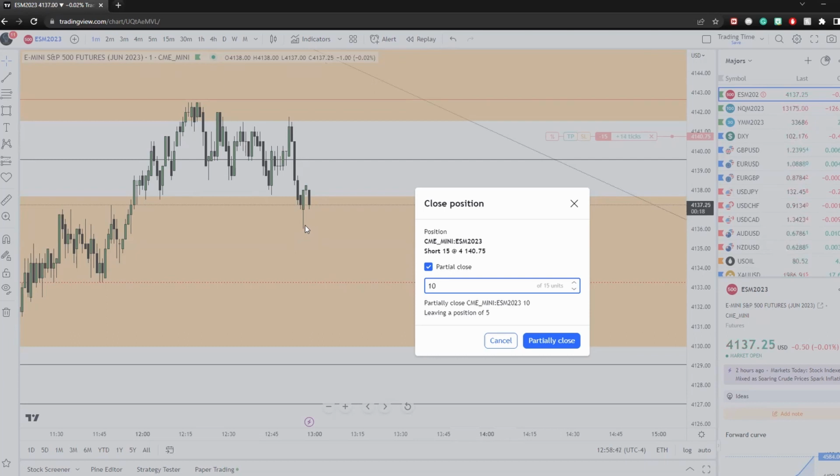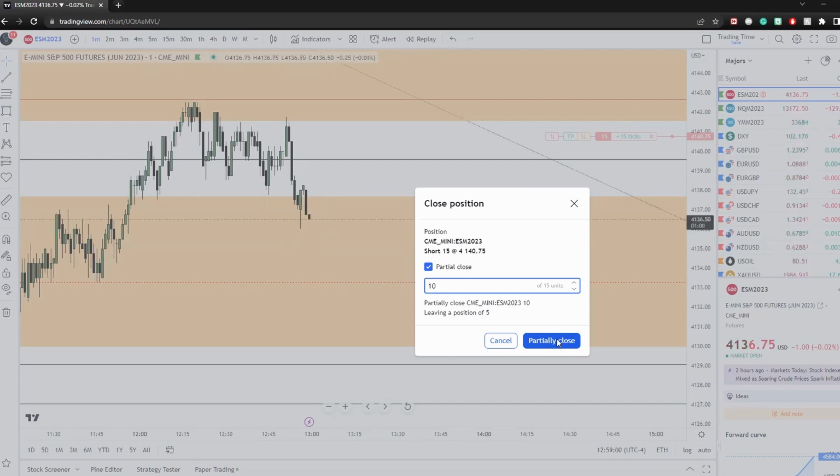Once it takes out its own low, close out my partials of 10. Looking for that move to go lower. Come on, come on.